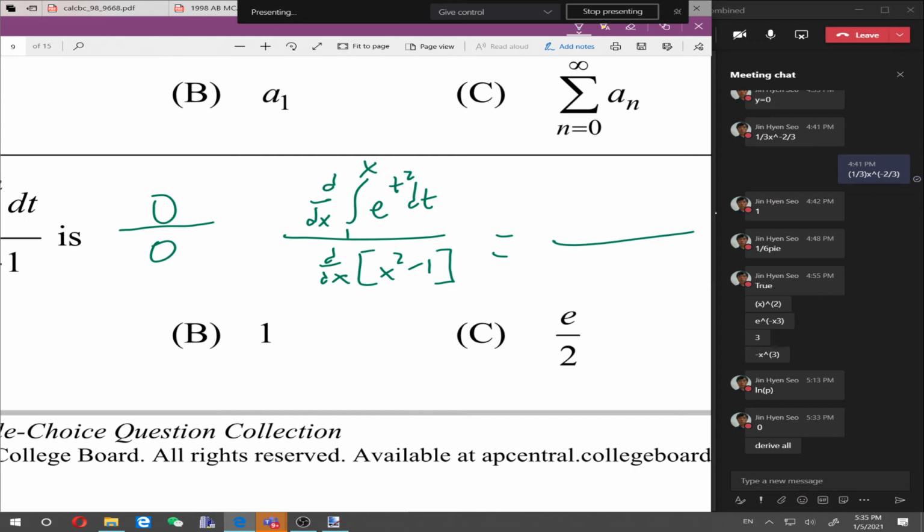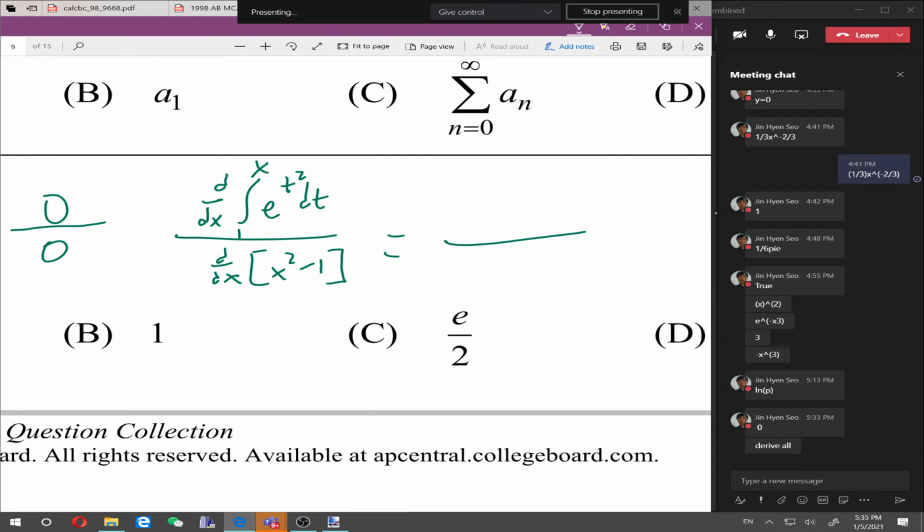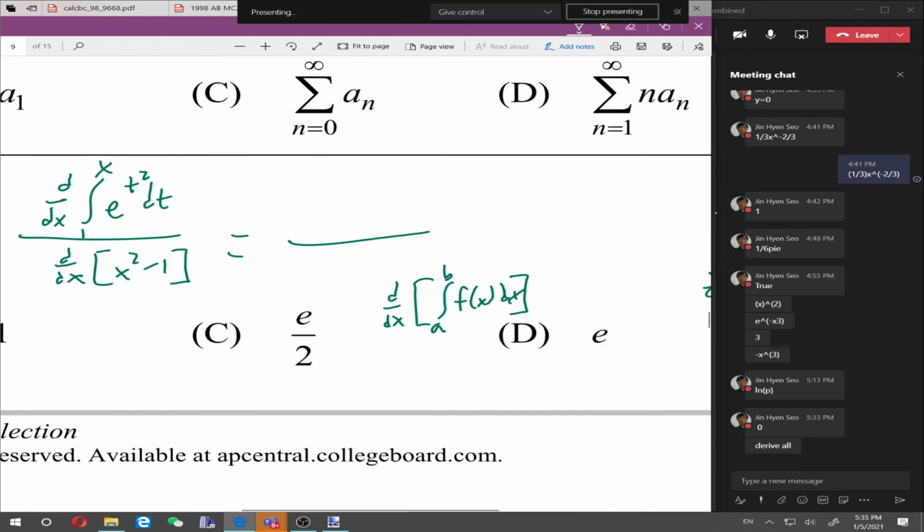There's a formula on the formula sheet for what happens if you derive an integral, I think. So if we derive an integral, d over dx of the integral from a to b of f of x dx, what would happen from the formula sheet?